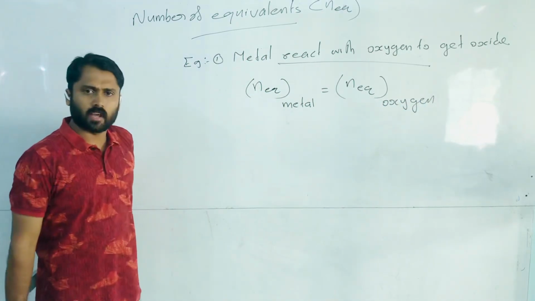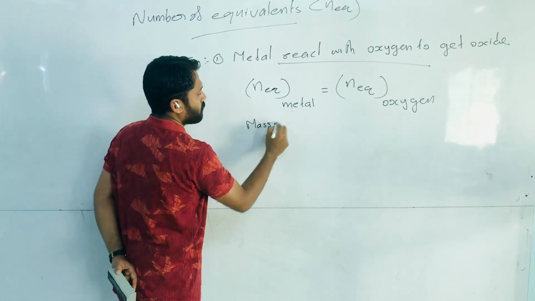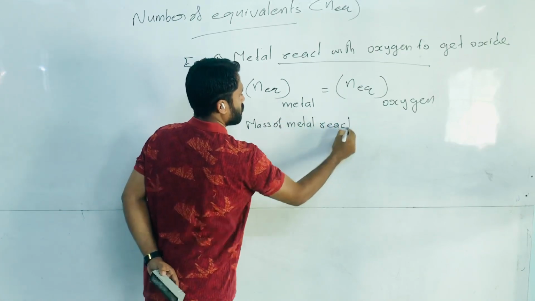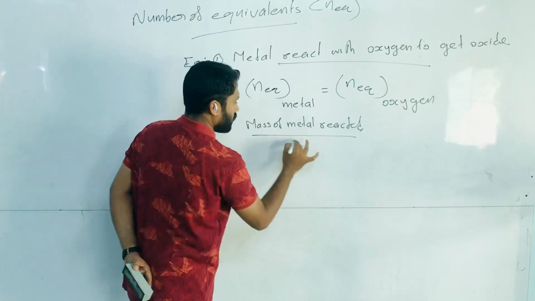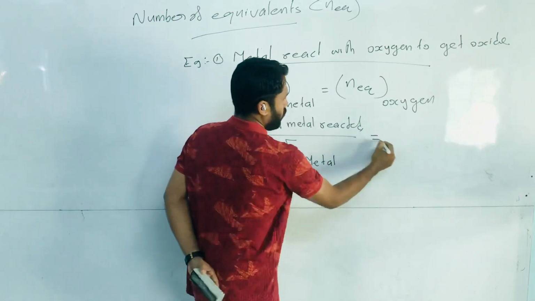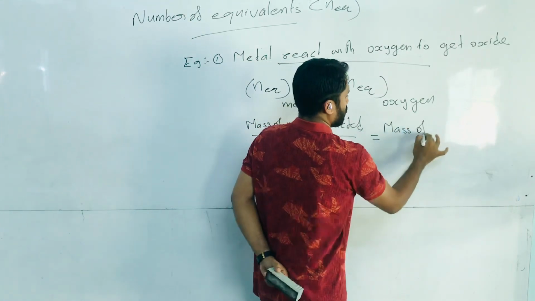How can number of equivalents be calculated? Mass of metal reacted by equivalent mass of metal. What about oxygen? Mass of oxygen reacted.